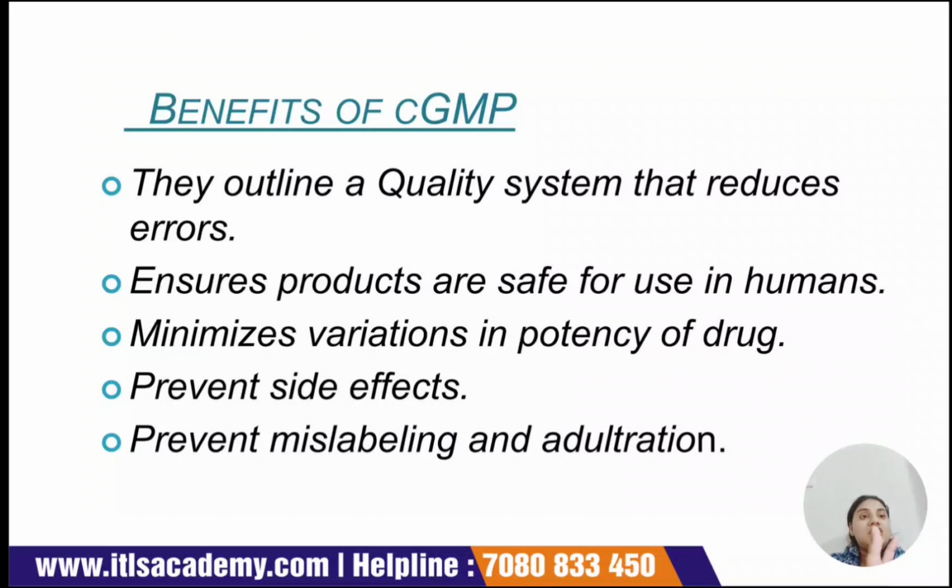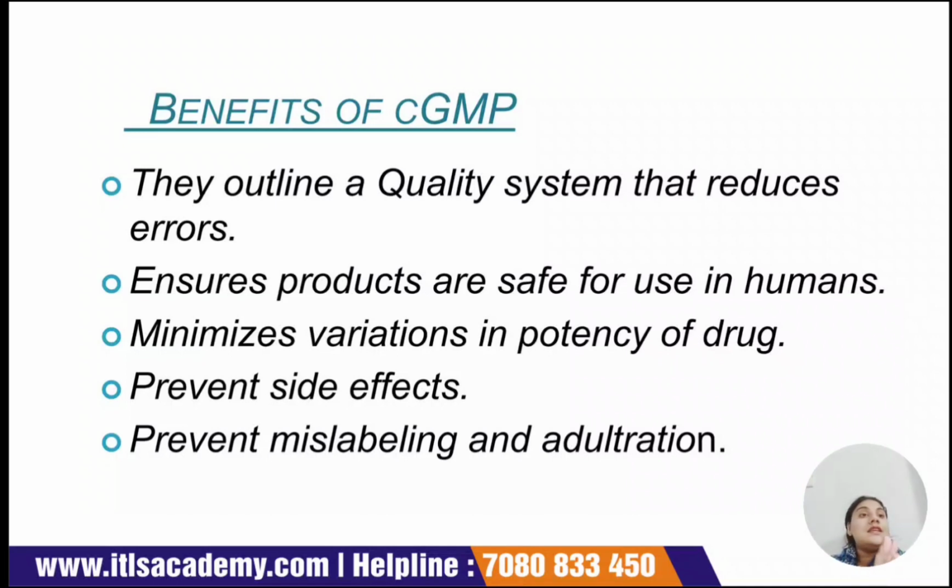So CGMPs play a very important role whenever quality is concerned, whenever the safety of humans is concerned, whether the effectiveness of the drug is concerned, and whether any side effect is concerned.